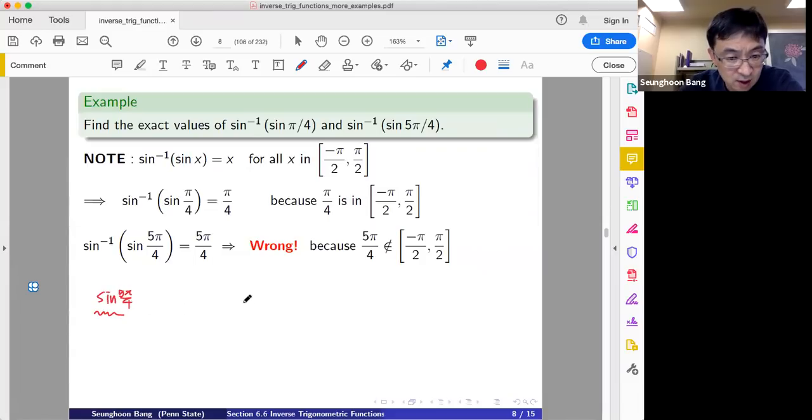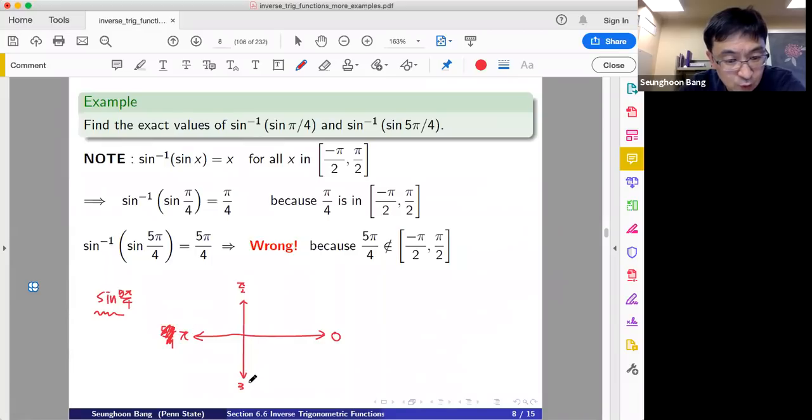So what's that? Here, I can draw rectangular coordinates. What's like a 5 pi over 4? So this positive x-axis is angle 0. The y-axis is pi over 2. The negative x-axis is pi, positive pi.